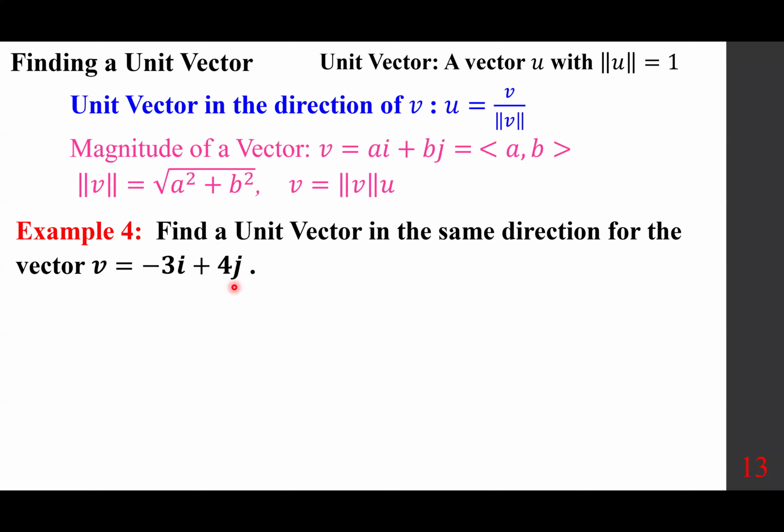To do that, the very first thing we're going to find is the modulus or magnitude, which is square root of a squared plus b squared. And this is 9, this is 16, they add up to 25.